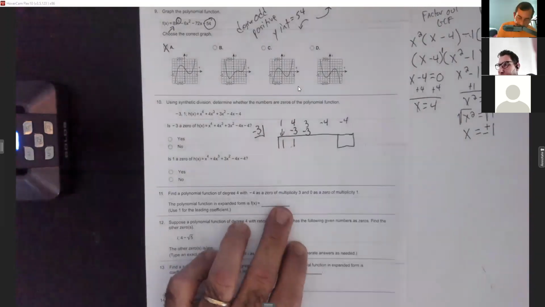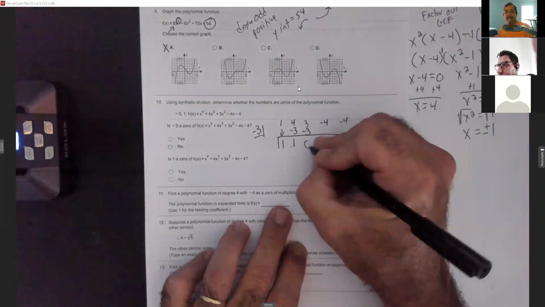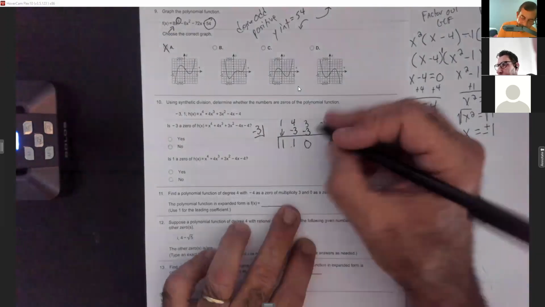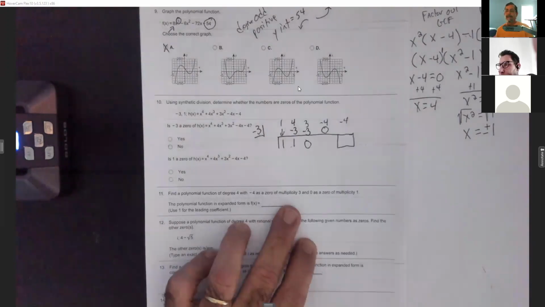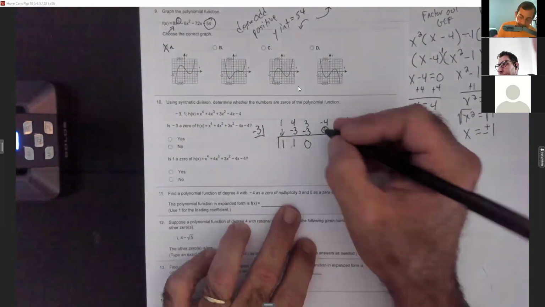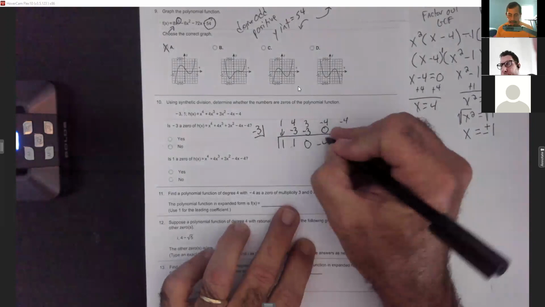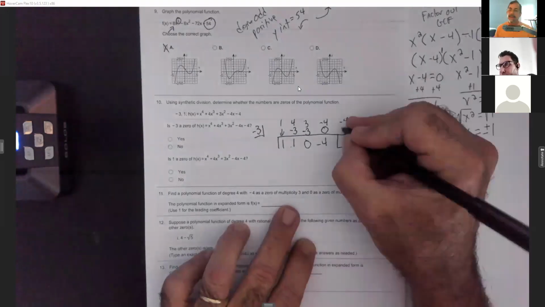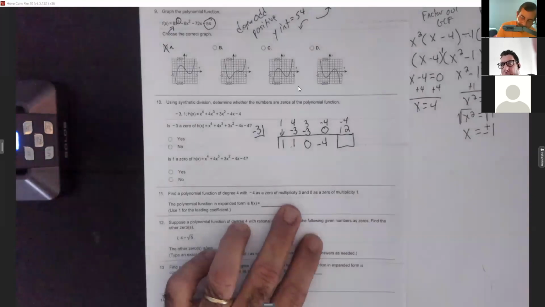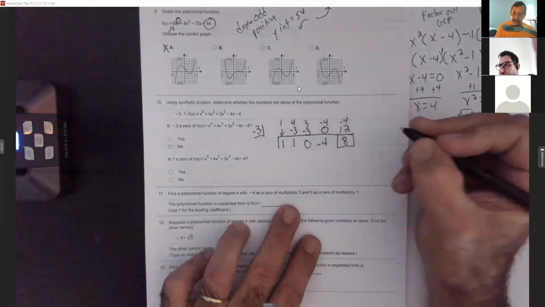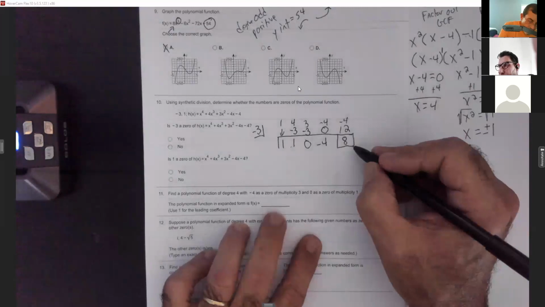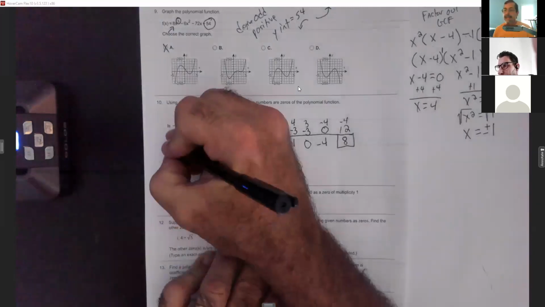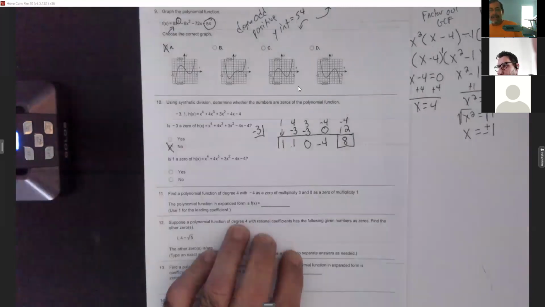Add that together, you'll get 0. 0 times -3 is 0. -4 plus 0 is -4. And y'all look at that. That -4 times -3 gives me a 12. And 12 minus 4 is 8. That is not a 0, so that means -3 is not a 0.